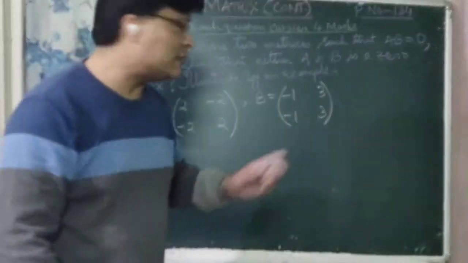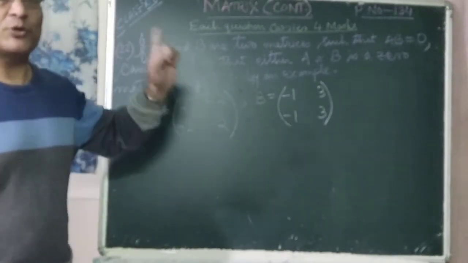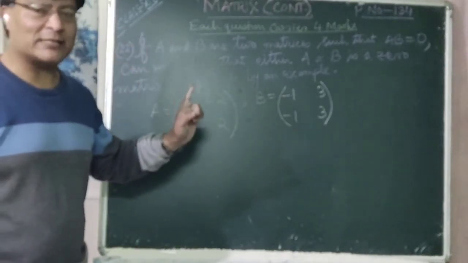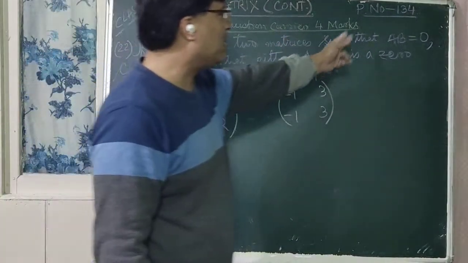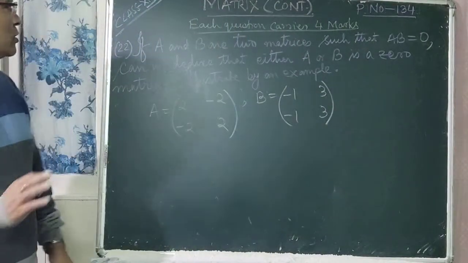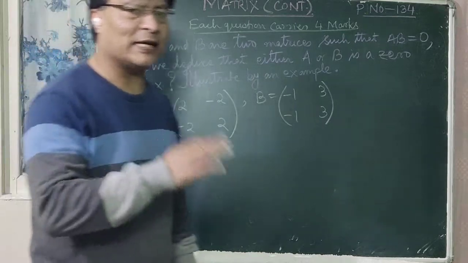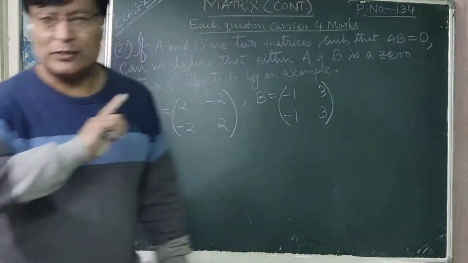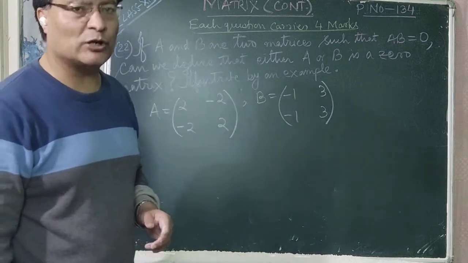But if you multiply these two matrices, A and B, you will get the zero matrix. So it is not necessary that A or B is a zero matrix for AB to be equal to the null matrix. Is that clear?